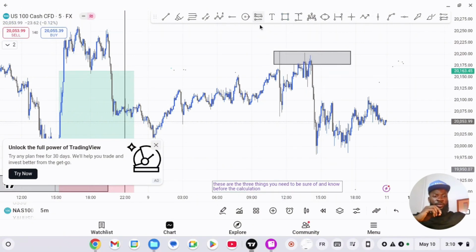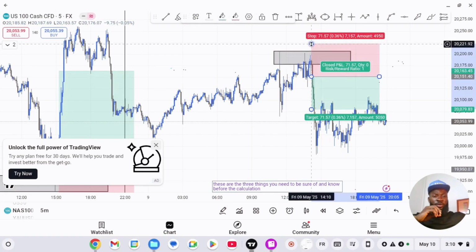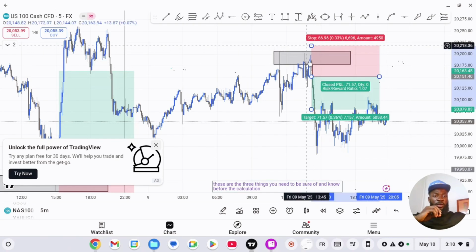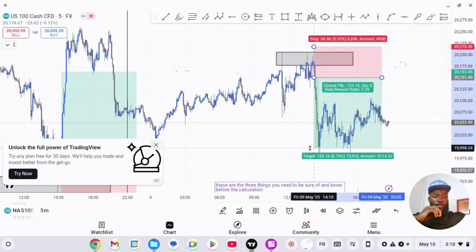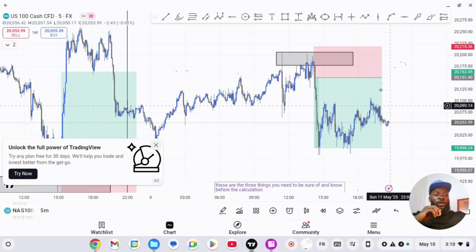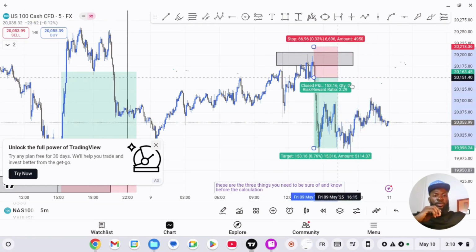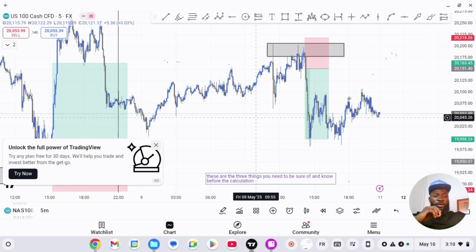We sell from here and we put our stop loss right here. Let's target. All right, now let's calculate this one.